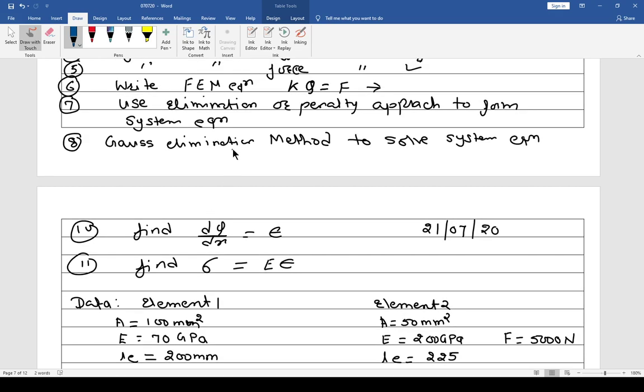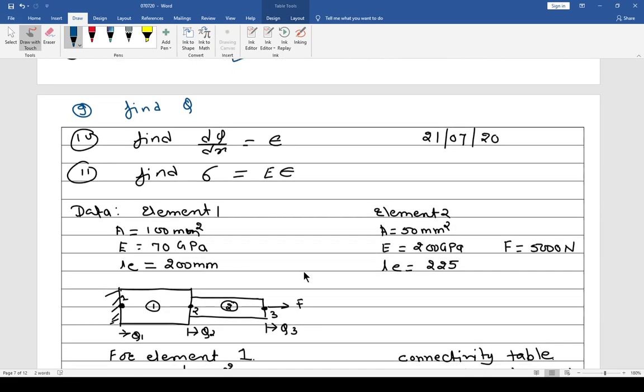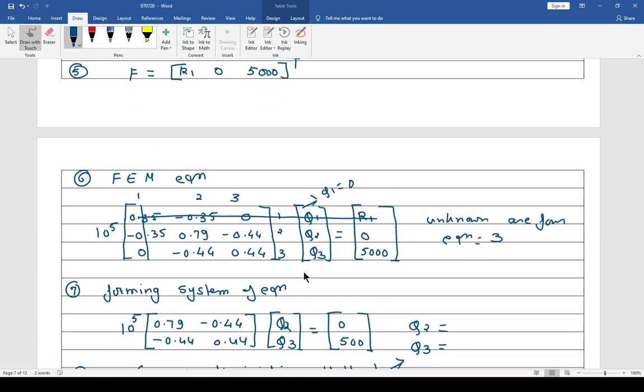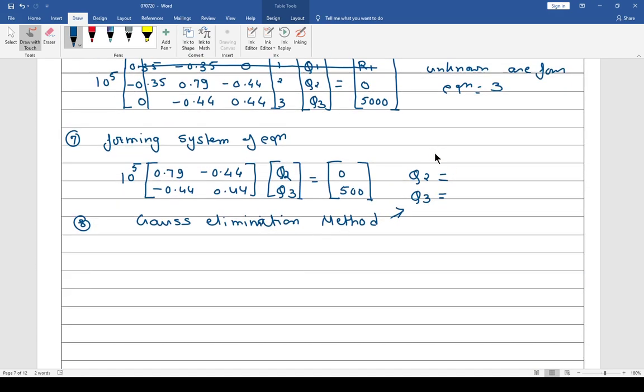And the 9th step is to find Q2, Q3, or Q, that is the displacement. Finding this value is my 9th step. So you can use those codes and let me know the values of Q2 and Q3, or, since this is a simple problem, you can do one calculation and get the values of Q2 and Q3.